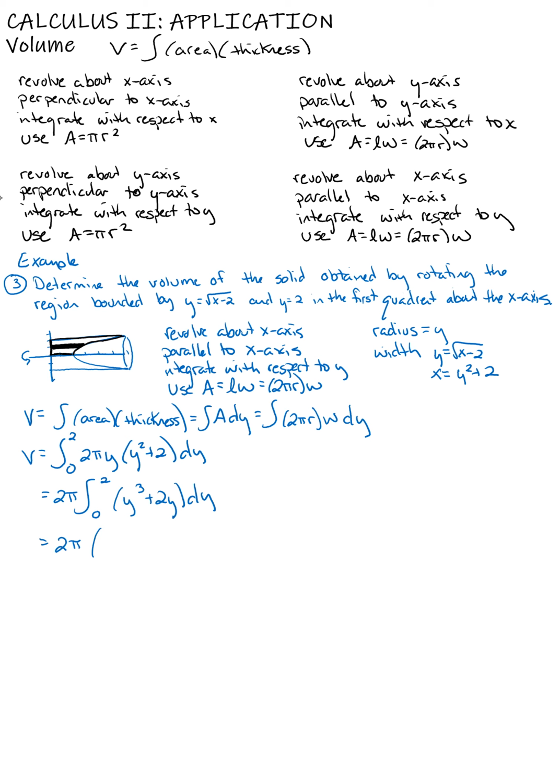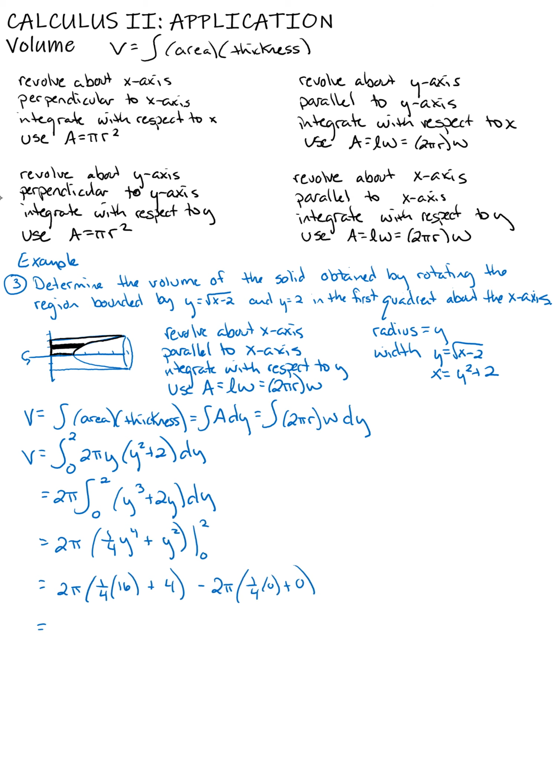That would be, let's see, if we integrate y cubed, that would be 1/4 y to the 4th. If we integrate 2y, we end up with y squared. And we're going to evaluate this from 0 to 2. So that's 2 pi times 1/4 times 16 plus 4 minus 2 pi times 1/4 times 0 plus 0.